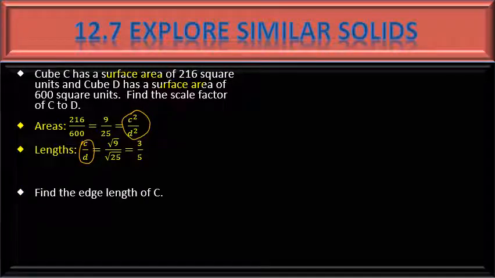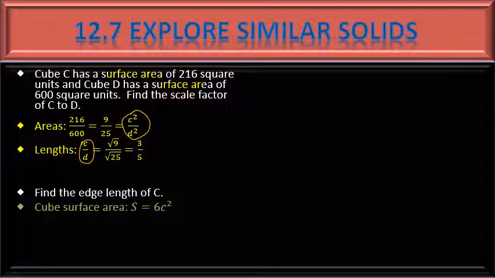Find the edge length of C. So this one we're just going to have to think about our surface area. If it's a cube, there are 6 sides and they're all squares. So our surface area would be 6 times the length of the side squared, because the area of a square is s squared, and there are 6 of them.